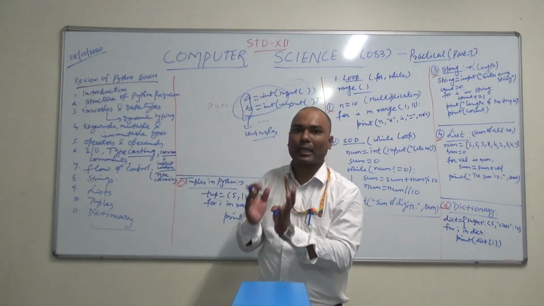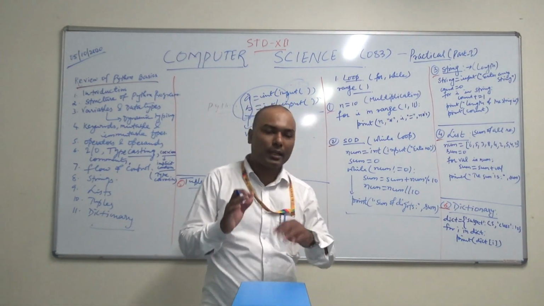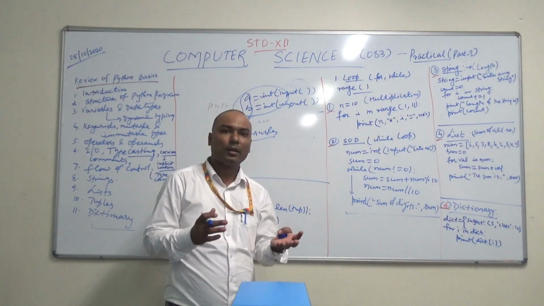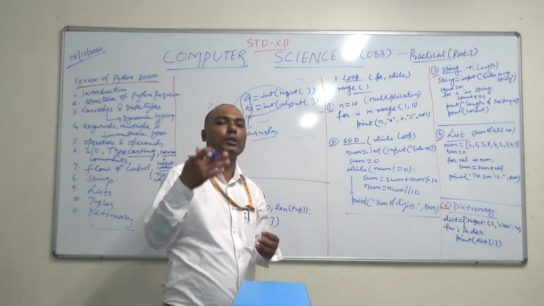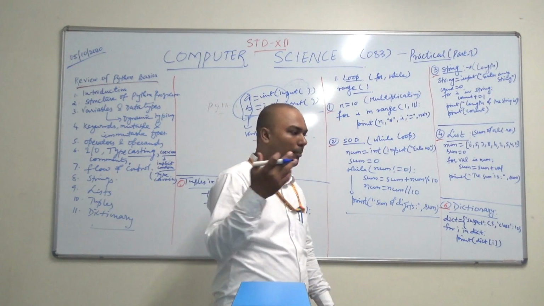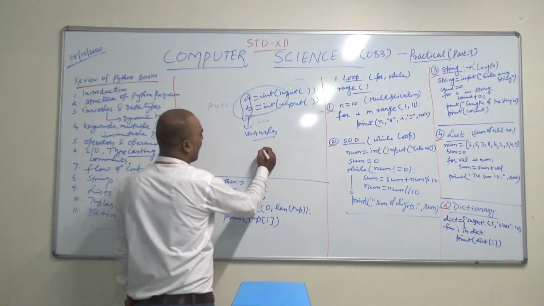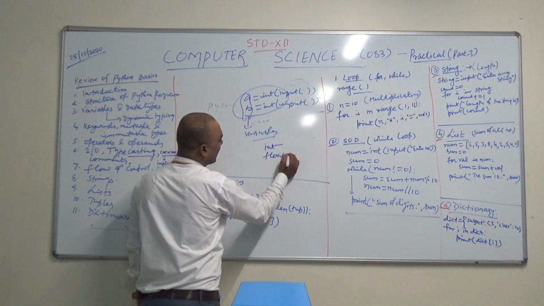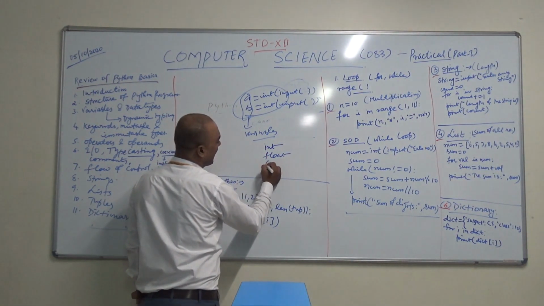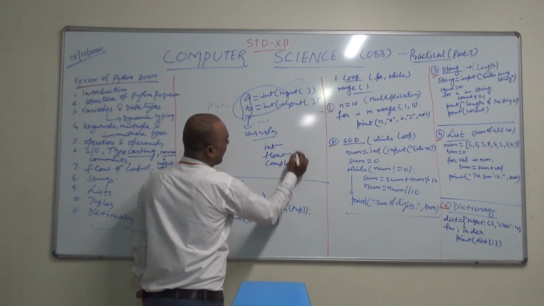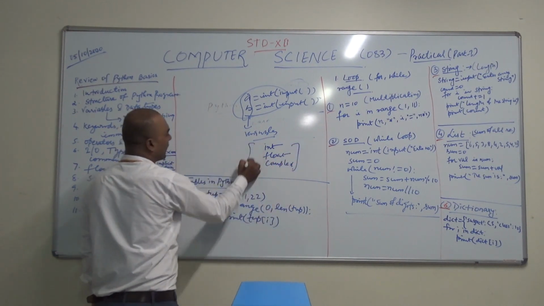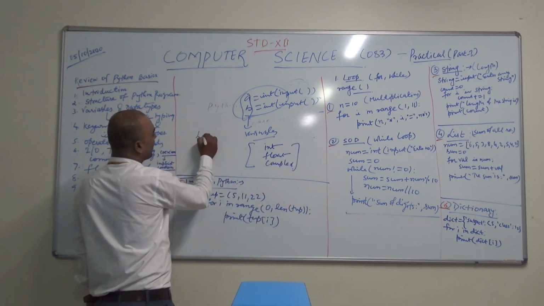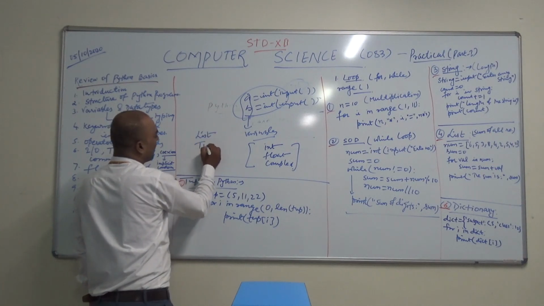And now data types in Python. We all know data types play a very vital role and are always used to declare which type of data the user is going to declare. So basically the data types are int, float, complex, then list, then tuple.